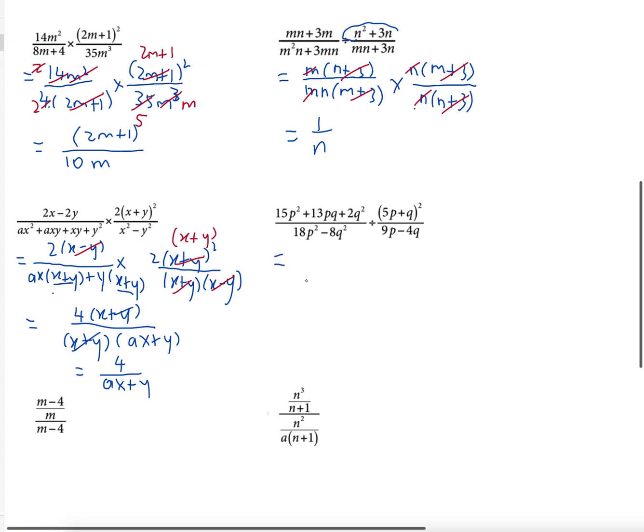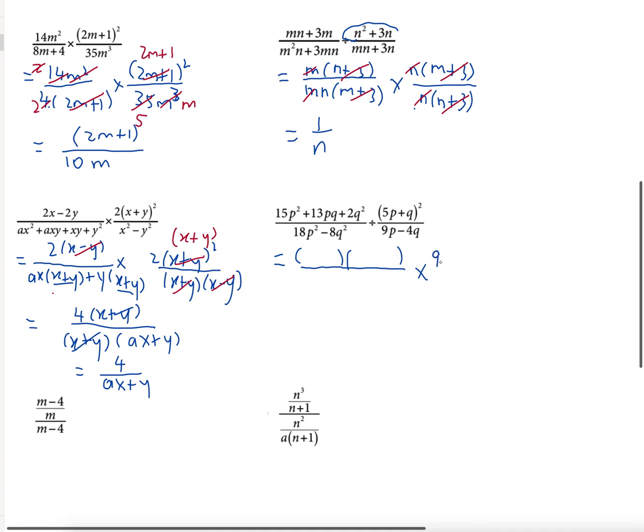Okay, now this looks very complicated, but we need to factorize numerator and the denominator. Invert this, and this goes to the numerator.